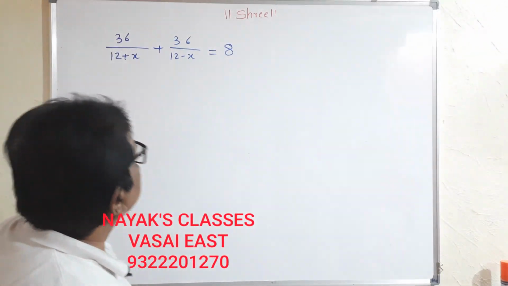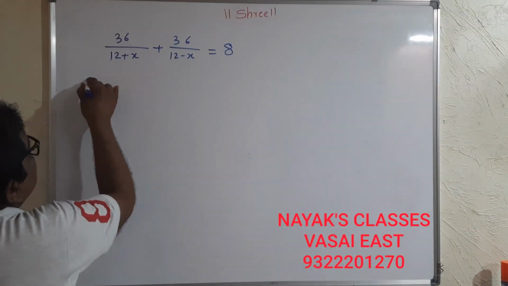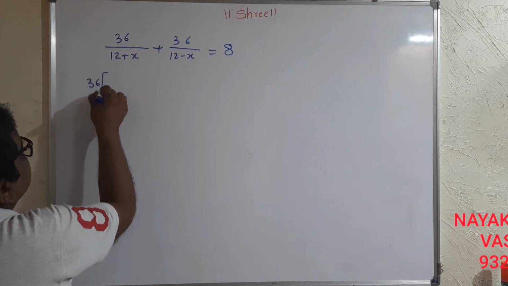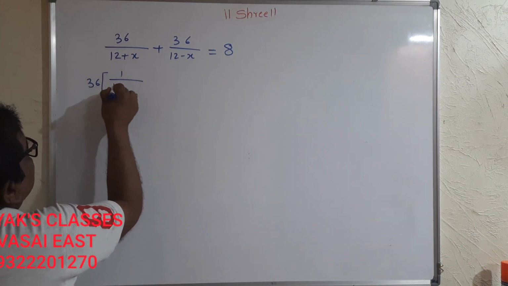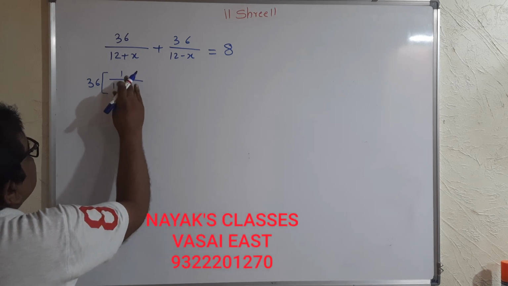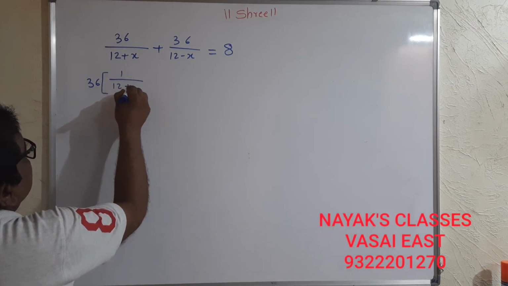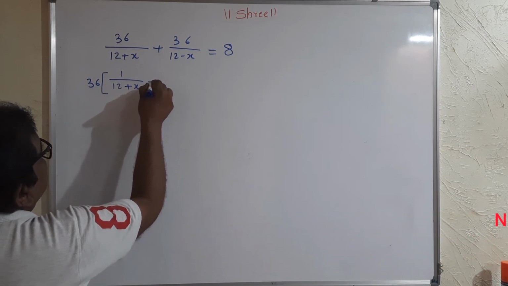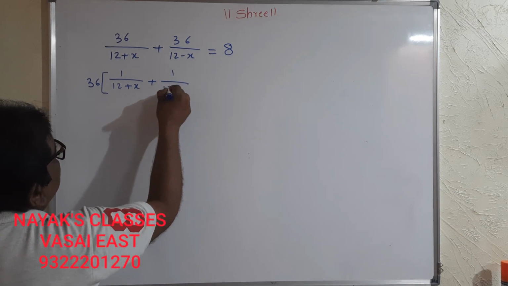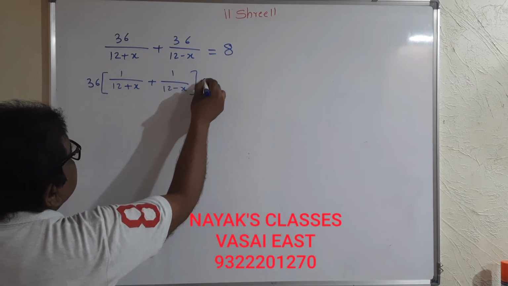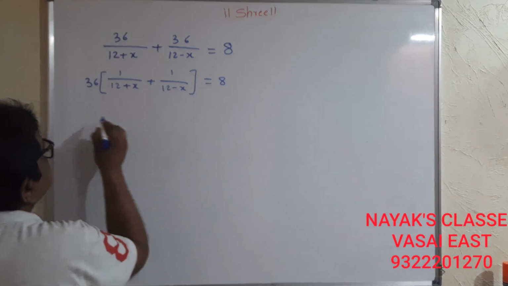Correct? Taking out the 36 outside, we get 1 upon 12 plus x plus 1 upon 12 minus x is equal to 8.